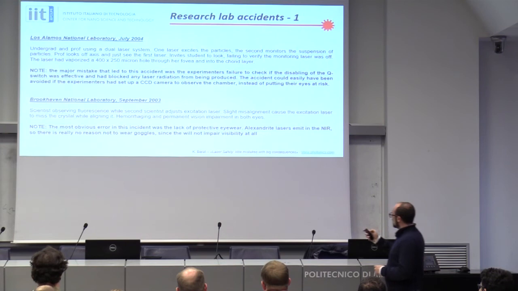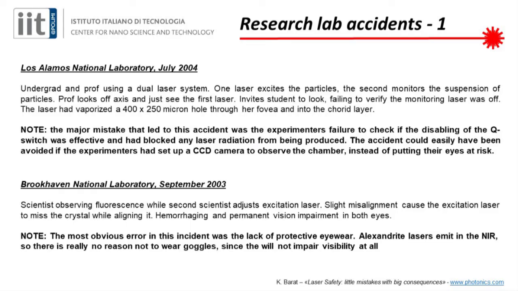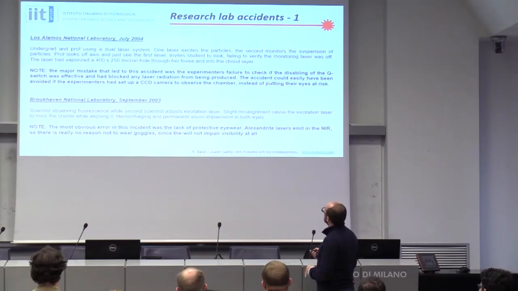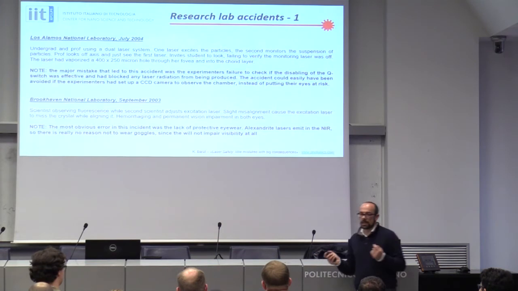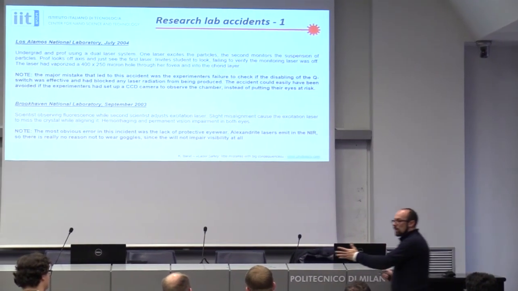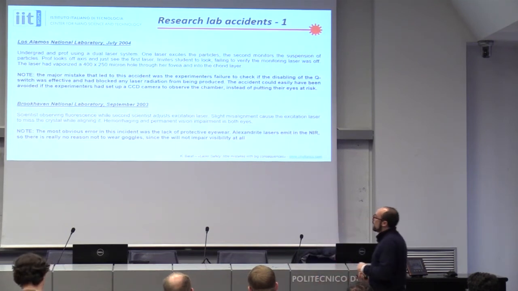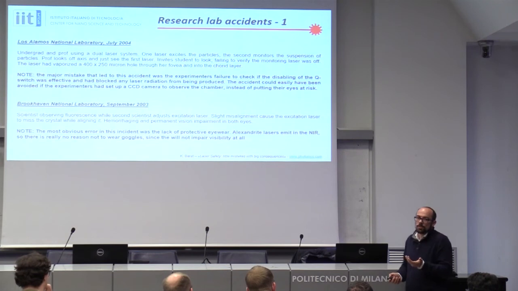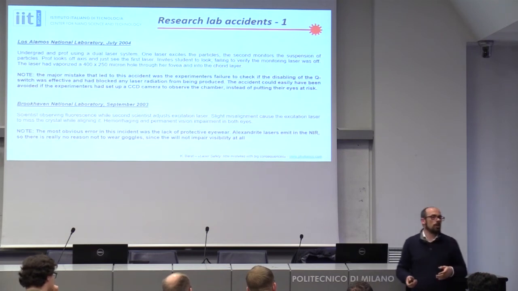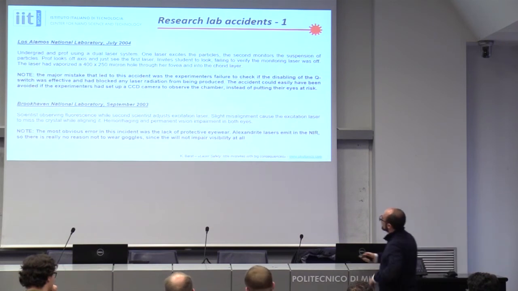And the laser had vaporized a part of her fovea. In this case, they just didn't check that the second laser was off. You can even be safe with one, but then there was the second, and once the damage is done, you're not going to restore it. Or hopefully, we hope we're going to restore it in some years with retinal transplants, but not for the moment.